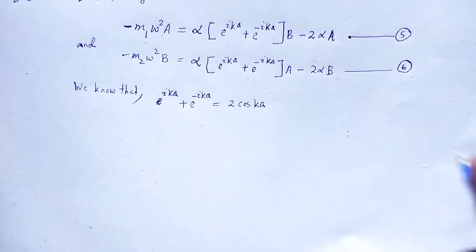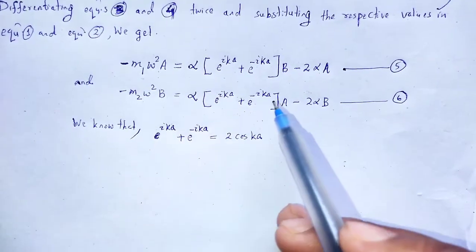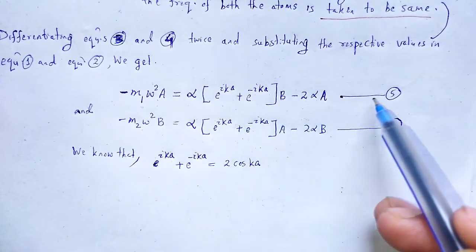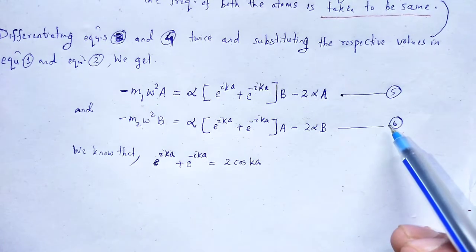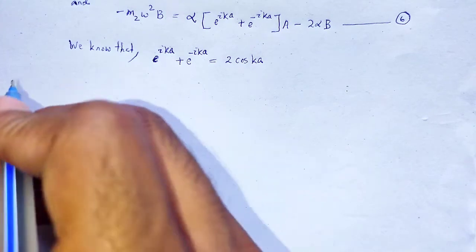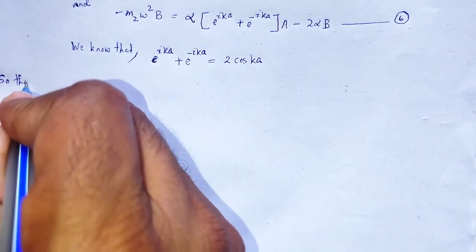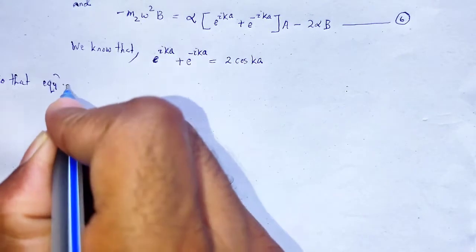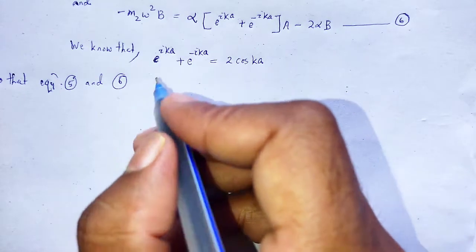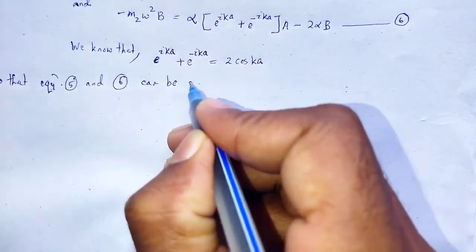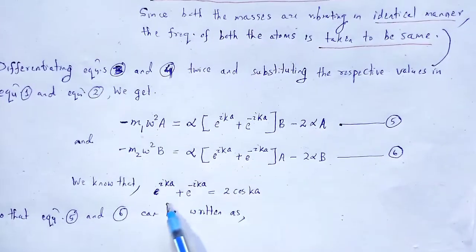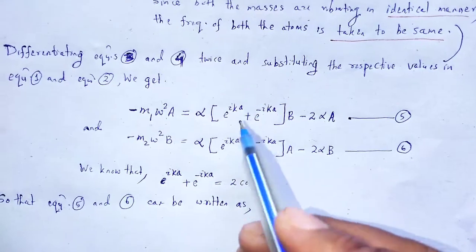Now, those values we can replace in equation number 5 and equation number 6. Therefore, these two equations can be written as follows.